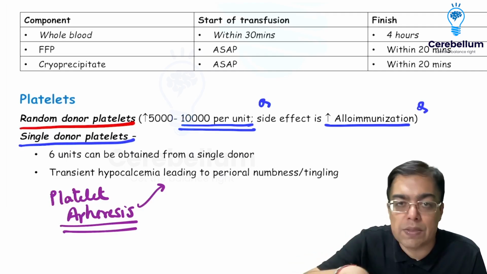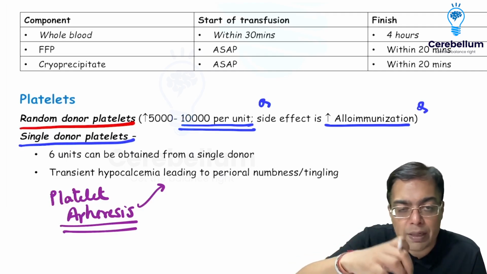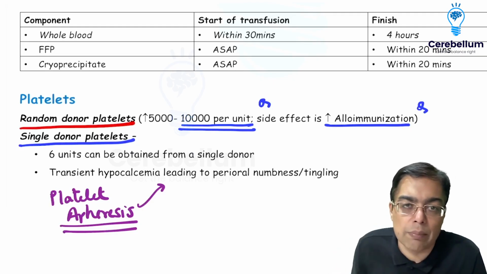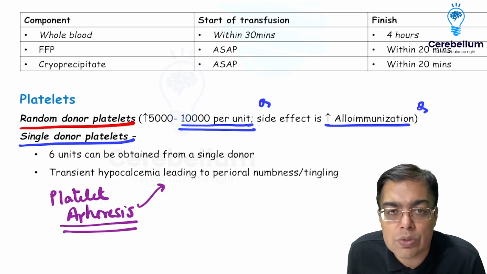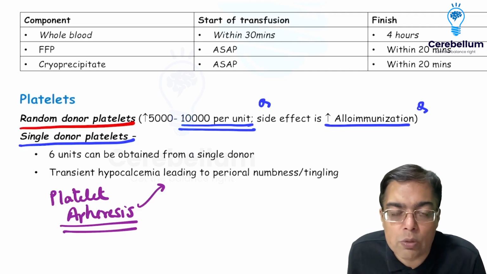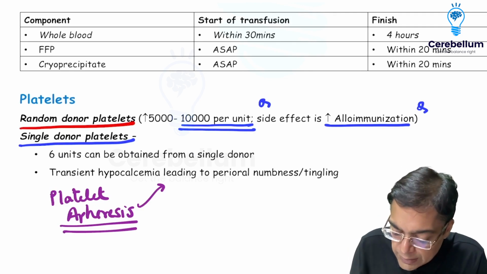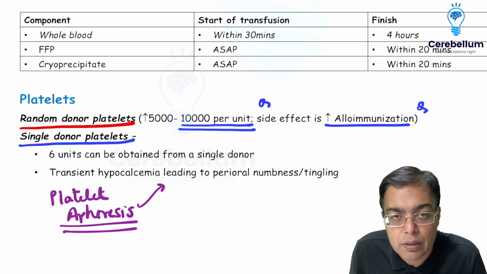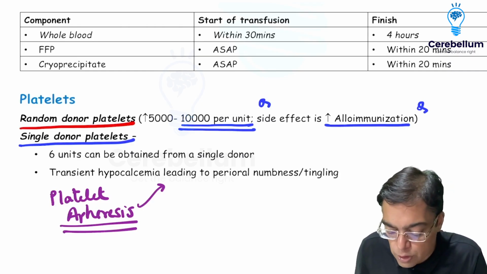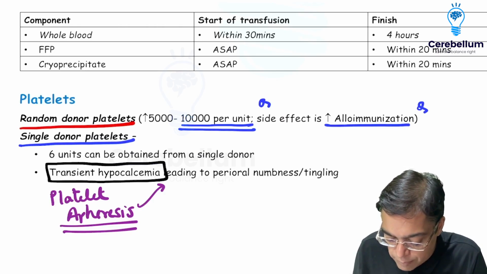When the blood from which the platelets have been removed is re-entering the body of the individual, it contains molecules or chelating complexes. The chelating chemicals are responsible for causing a decrease in the calcium. So when you are carrying out platelet apheresis, there is a development of transient hypocalcemia.